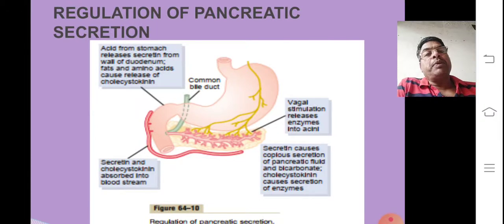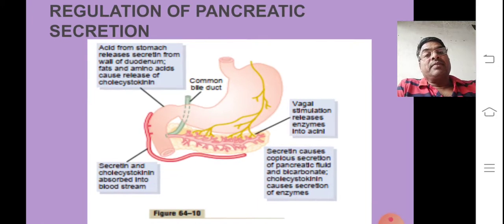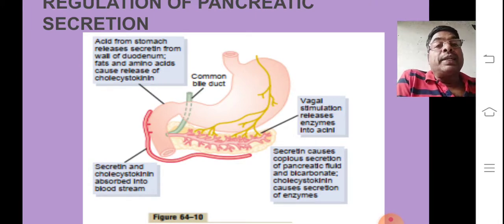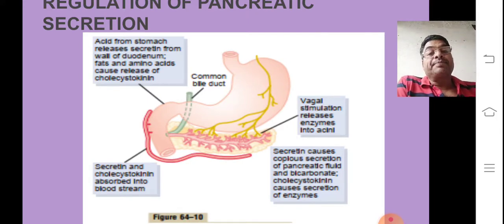This diagram explains how secretion of the pancreas is regulated. Acid from the stomach releases secretin from the wall of the duodenum, and amino acids cause release of cholecystokinin.